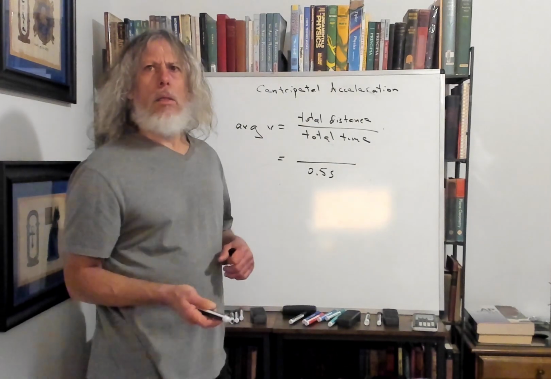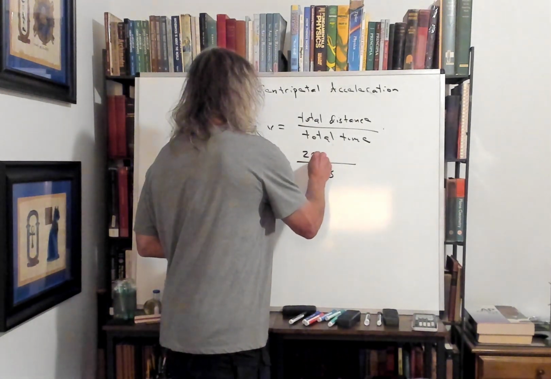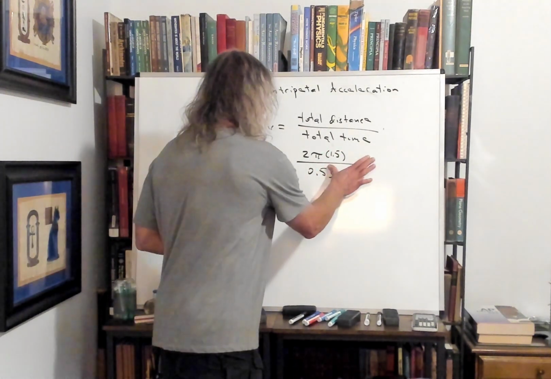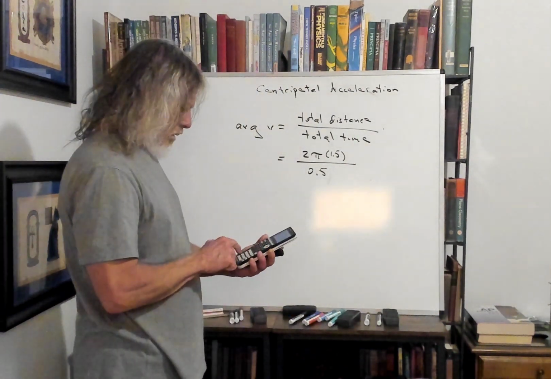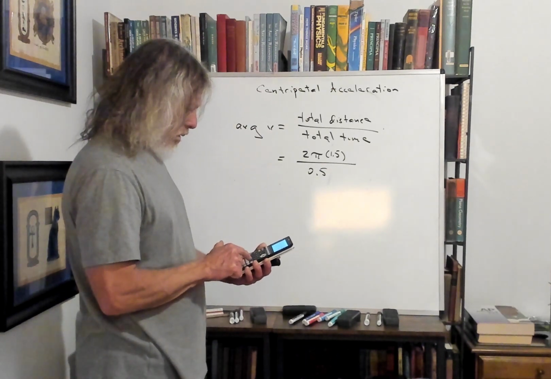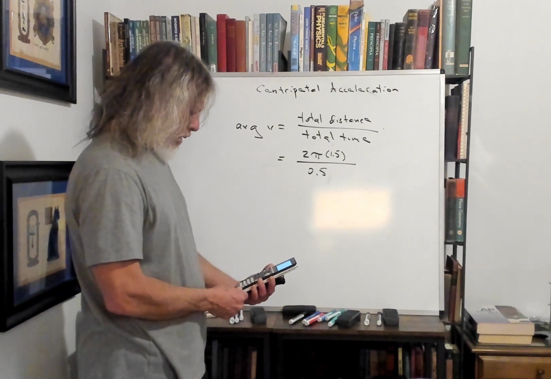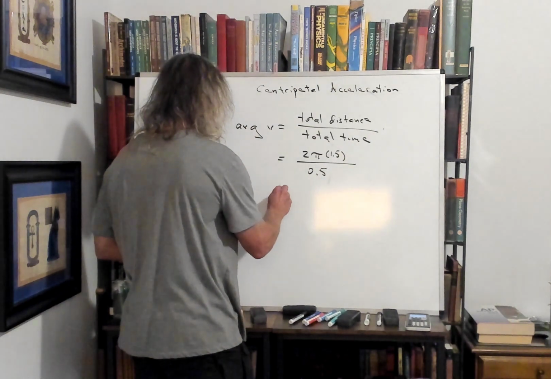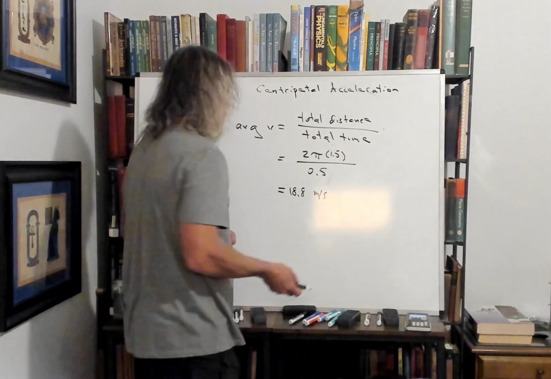The 2 pi r, 1.5. I remember this time, of course. Don't need that, just 0.5 seconds. So 3 pi divided by 0.5, or multiplied by 2, about 18.8 meters per second.